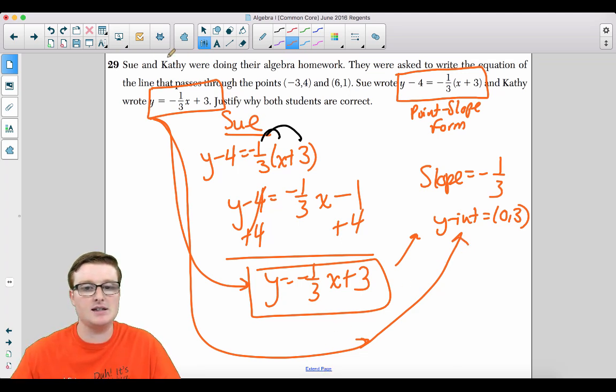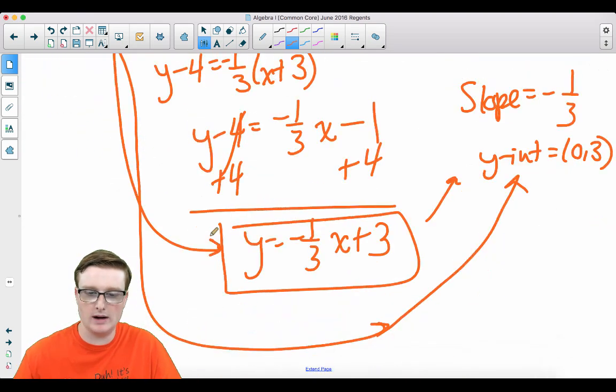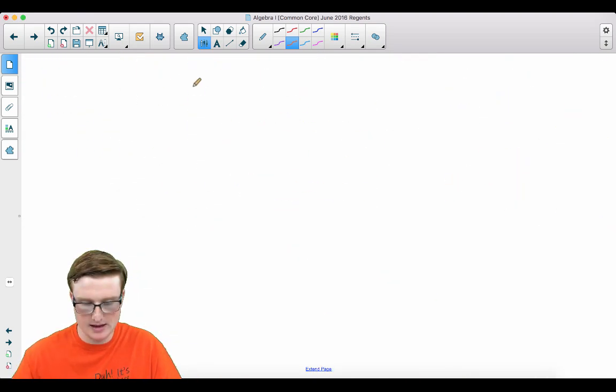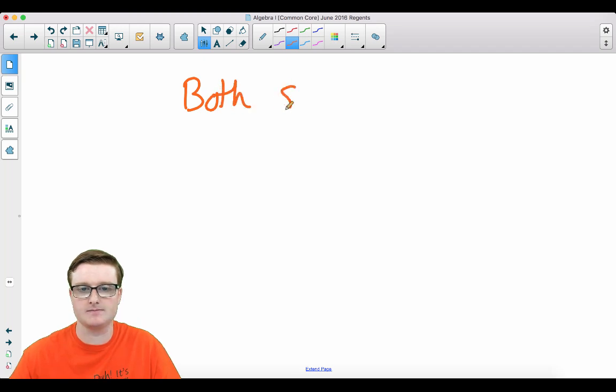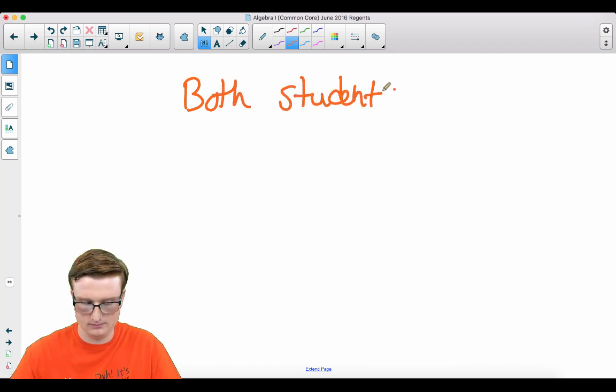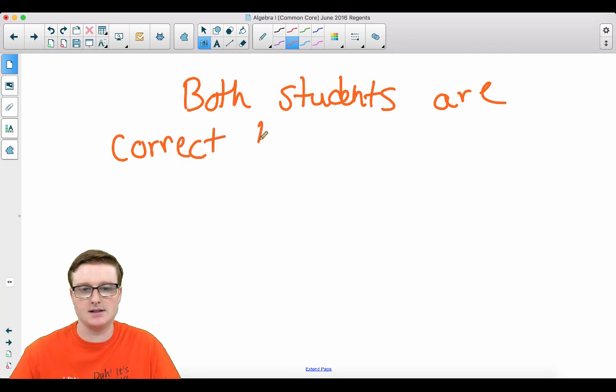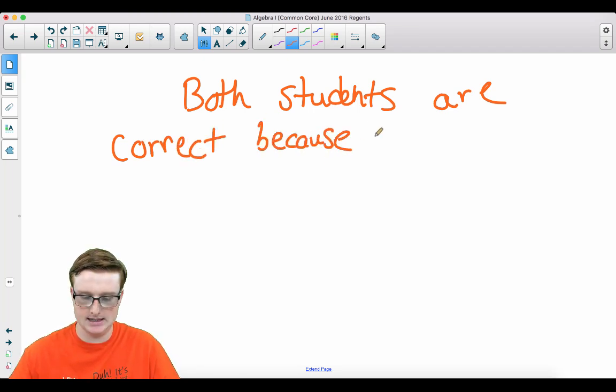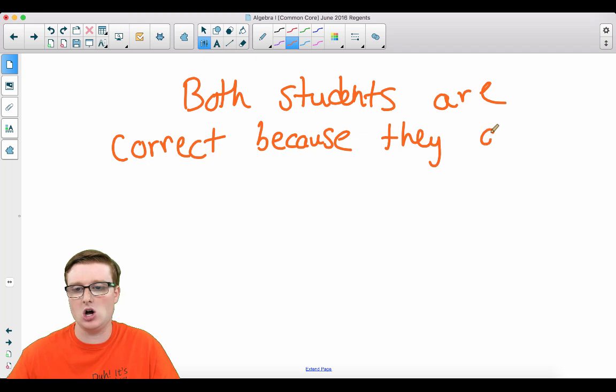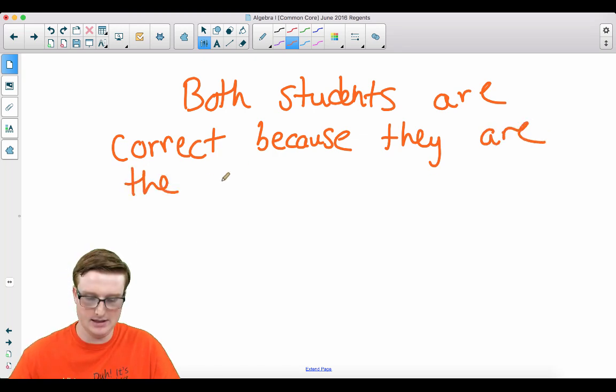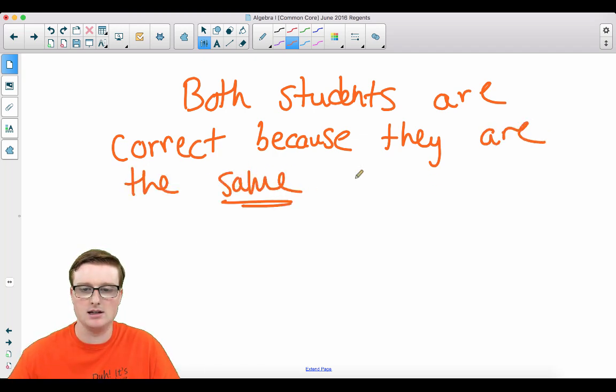So it says justify why both students are correct. So what I'm going to say is that both students are correct because they are the same line.